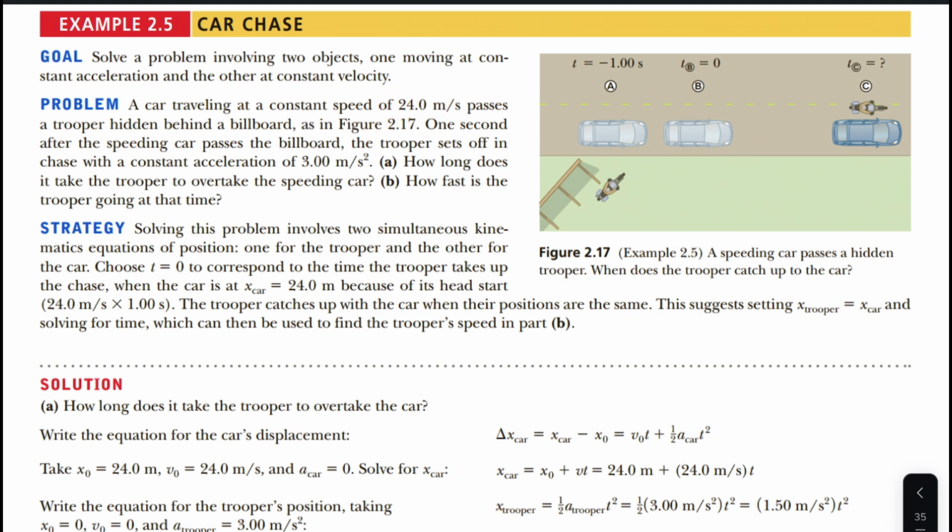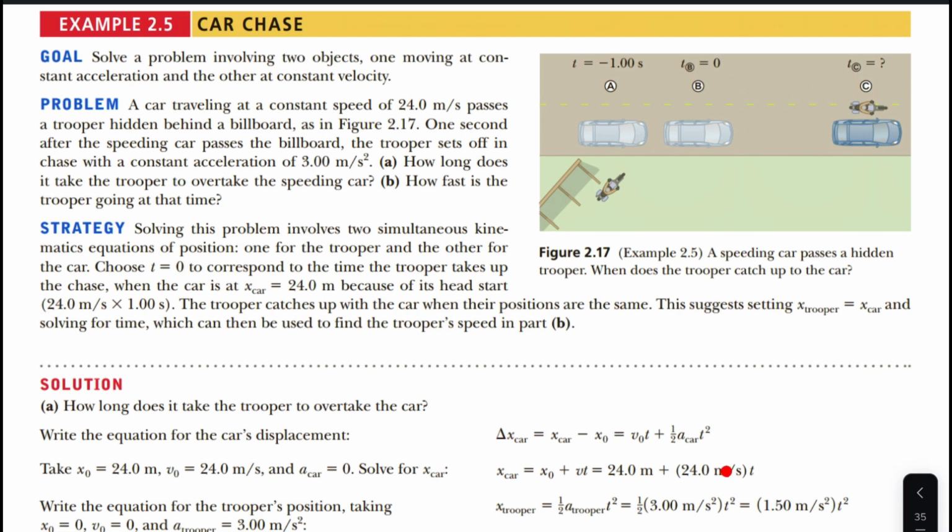So within 1 second the car already traveled 24 meter. That is how we know the initial position of the car, 24 meter in front of the trooper. Remember, the trooper is going to be our reference. So this is V initial, this is X initial of the car, and this is the V of the car.